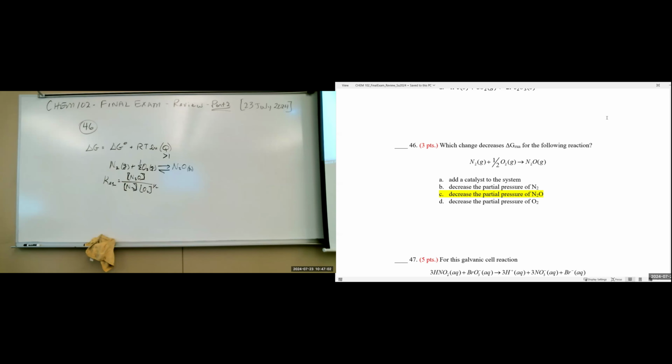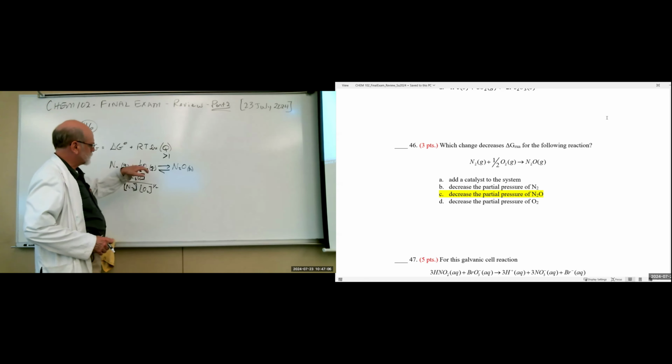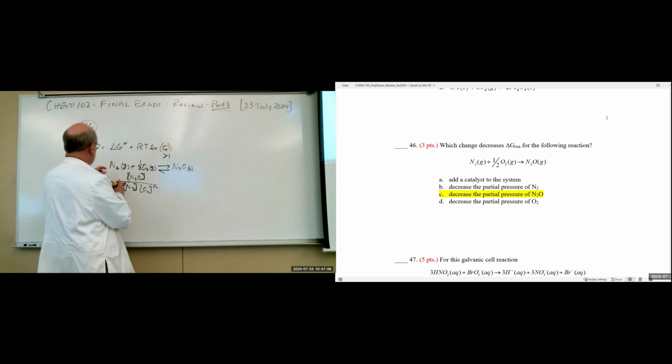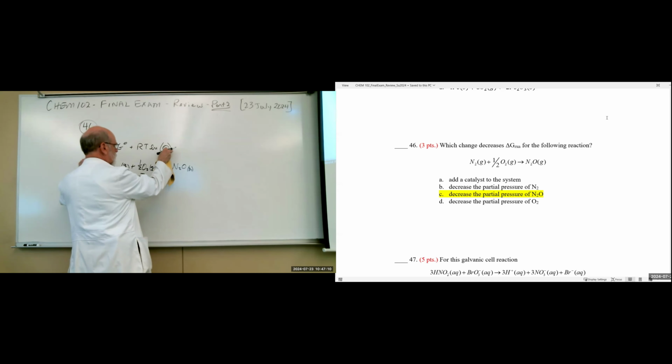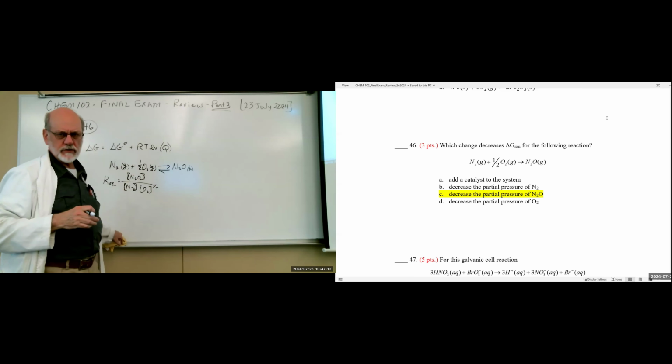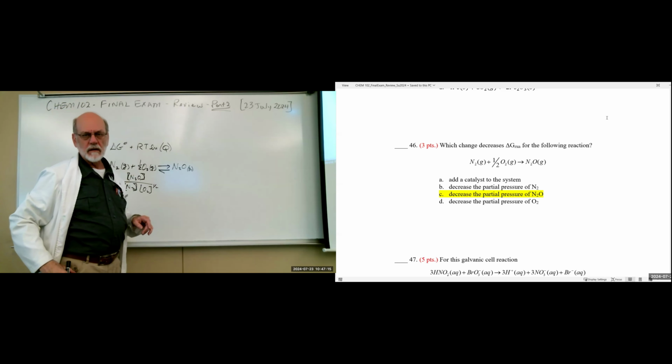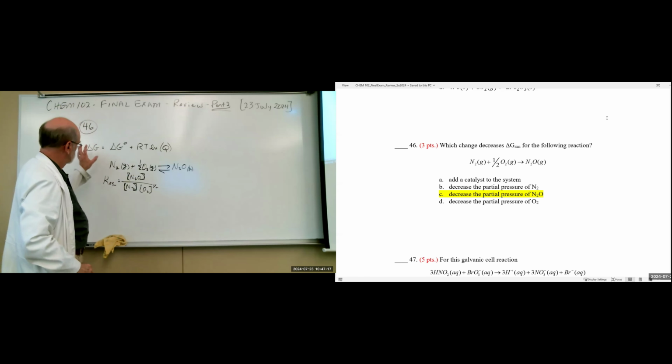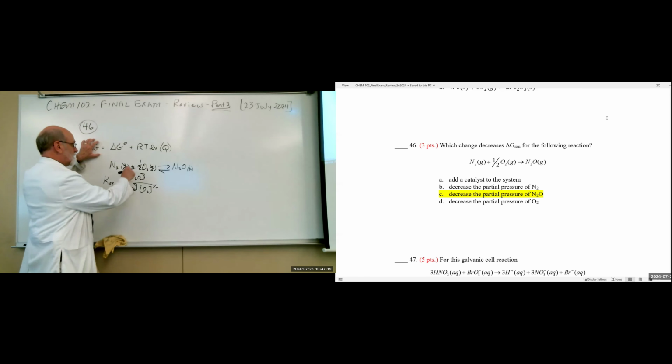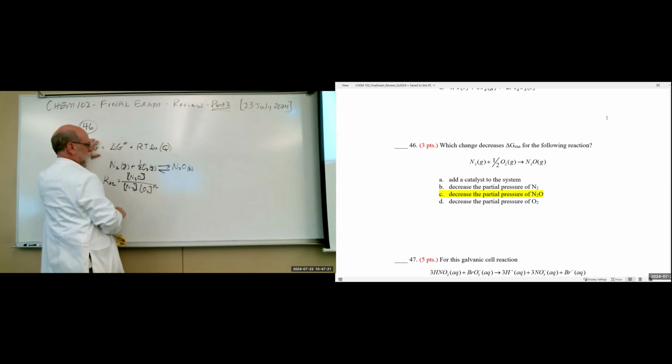Yeah, that's the right equation. In order for delta G to decrease, for this one to decrease, this would have to be a negative number.